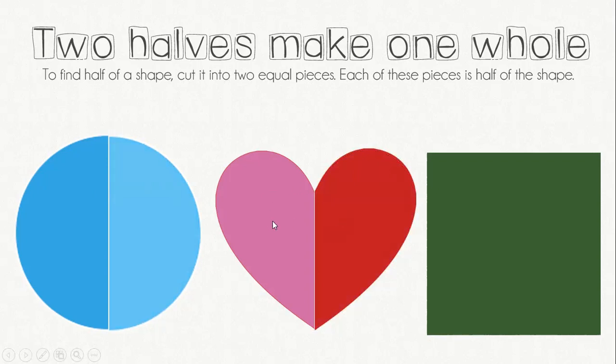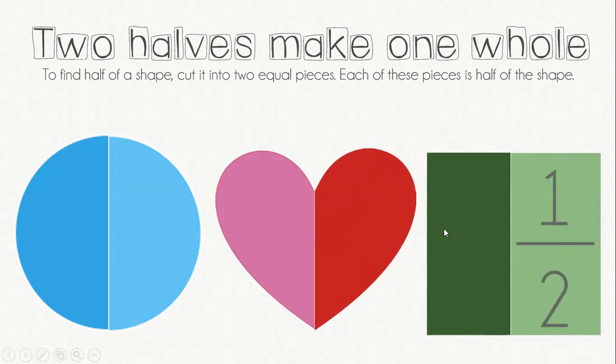We're going to cut this heart into two equal pieces, and this square into two equal pieces. So we are looking at one piece of the square, which is our numerator, and it has been cut into two pieces, which is our denominator, which gives us one half of a square.